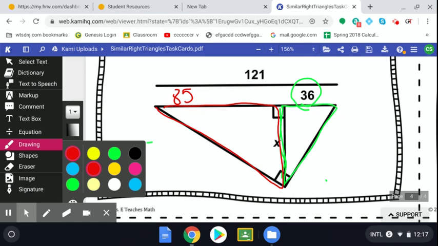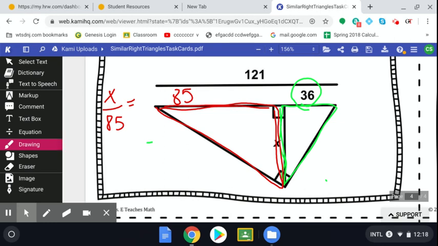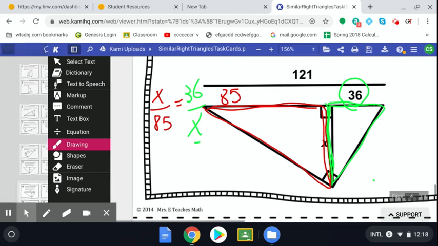And now I can set up my proportion, and I can say x over 85 is equal to, and on the other side, it should be 36 over x. Then cross multiply.